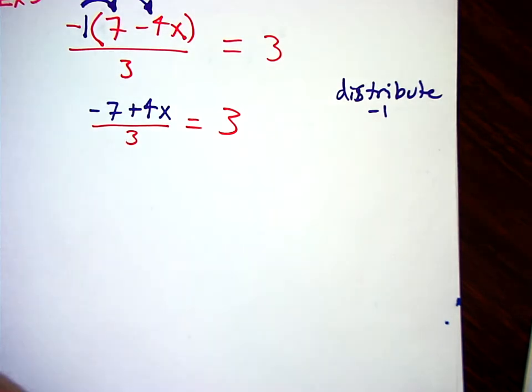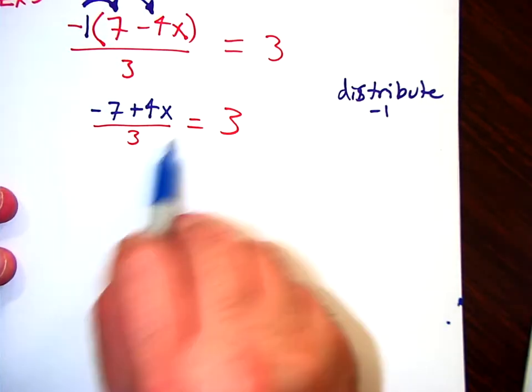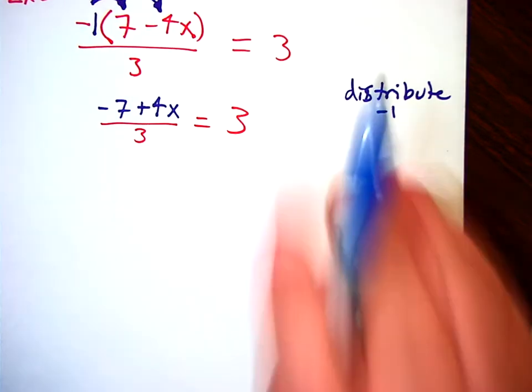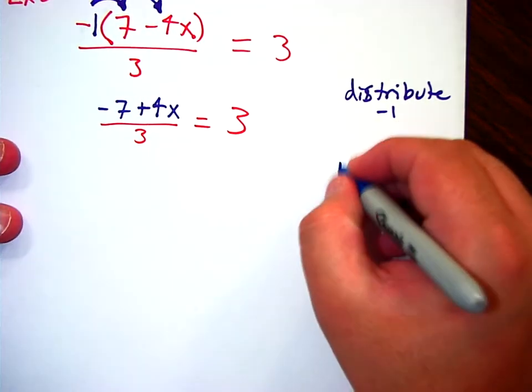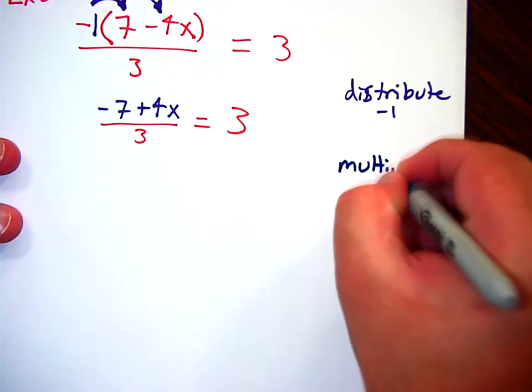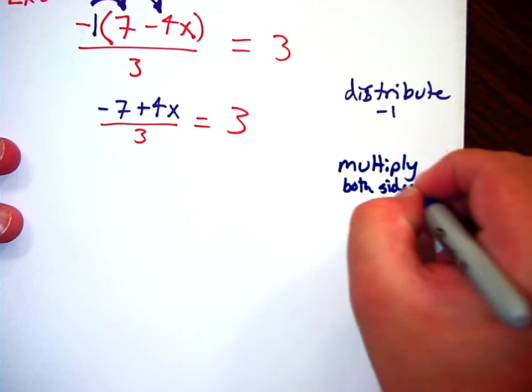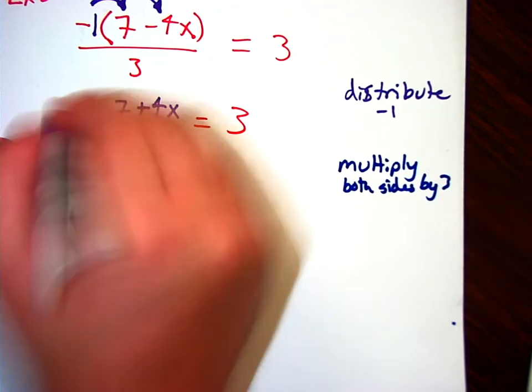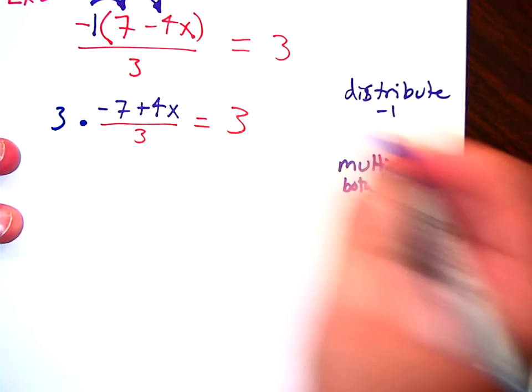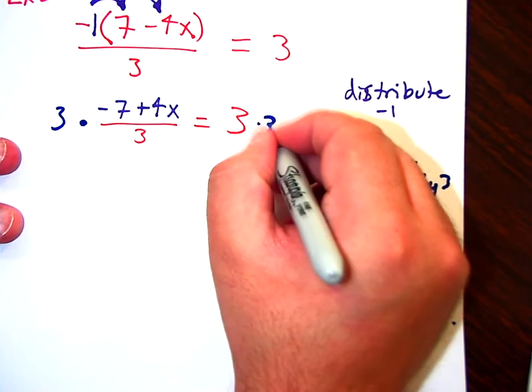Well, what are we going to use? We're going to use inverse operations. Okay? So we're going to do the opposite of dividing by 3 on both sides. So we're going to multiply both sides by 3. Okay, so I'm going to multiply this side by 3 and this side by 3.